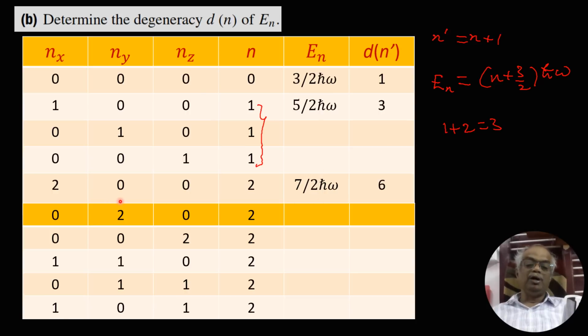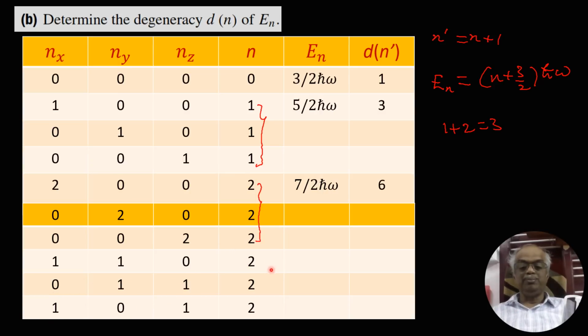Similarly, for n equal to 2, there are 6 possibilities. 2, 0, 0 is equal to 2, one possibility, and shift this 2 to n_y, 2 along the y direction, and 2 along z. So that is 3 possible values here. And another possibility is 1, 1, 0; 0, 1, 1; and 1, 0, 1.